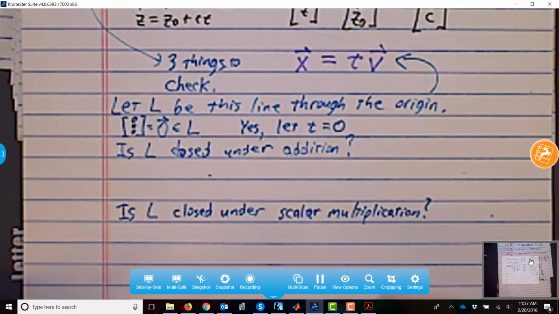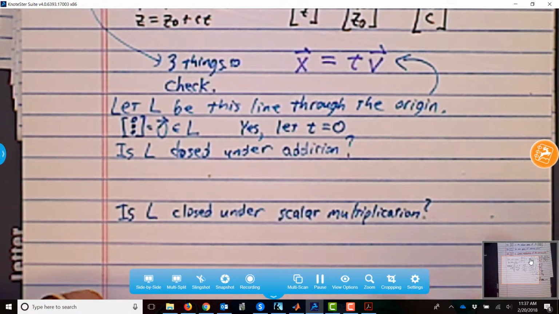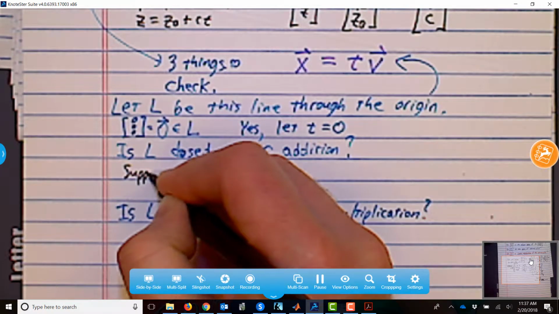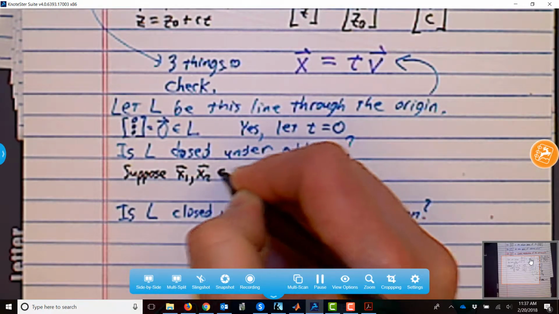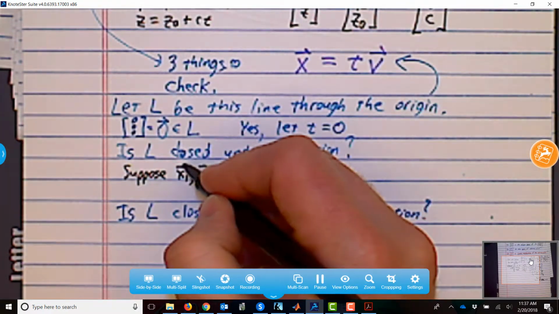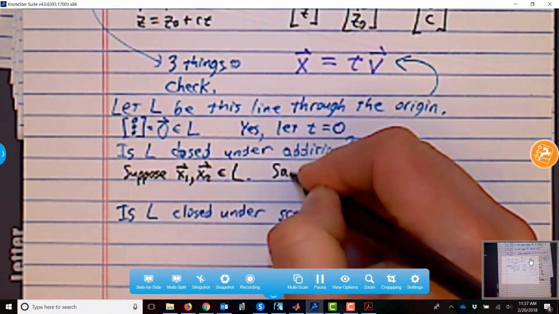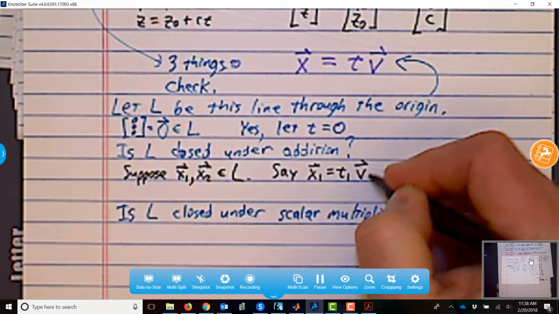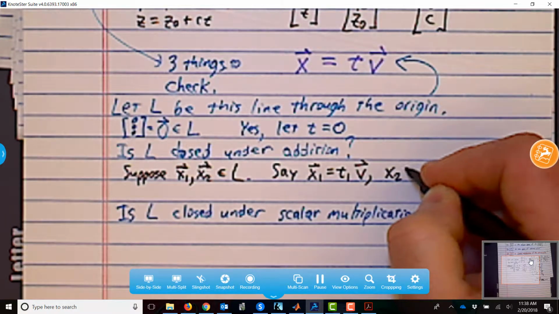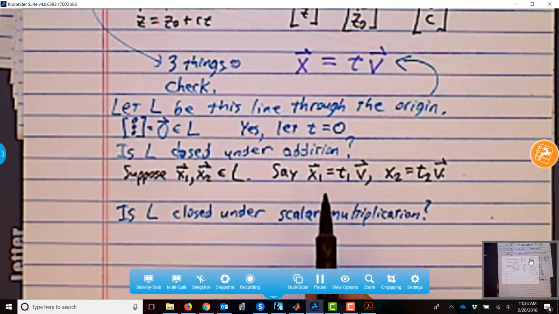So, how would I do that? Well, suppose x1 and x2 are on the line. Those are two vectors. That's why I tried to put these little arrows up there. Say x1 is equal to t1 times my direction vector, and x2 is equal to t2 times my direction vector, because everything on the line is going to be something times that direction vector.